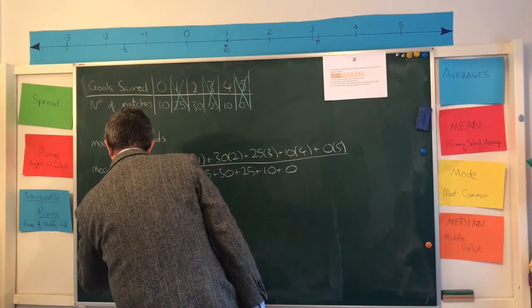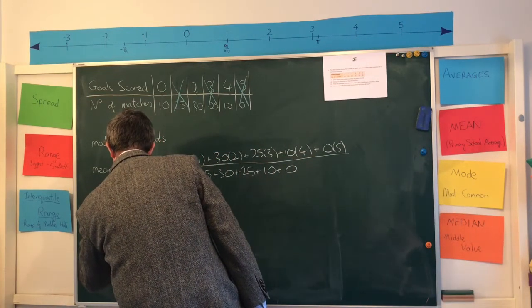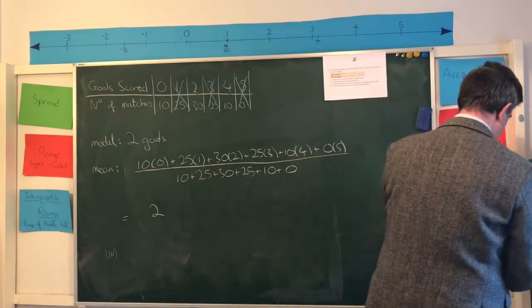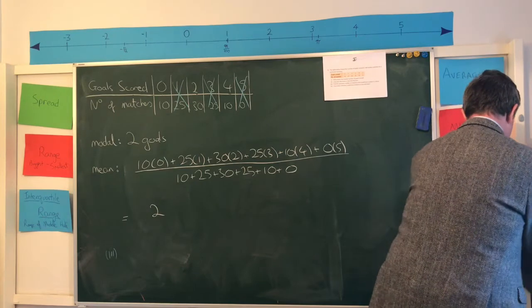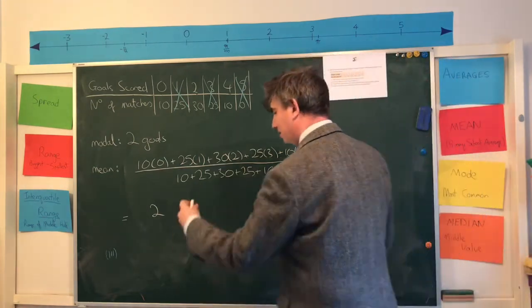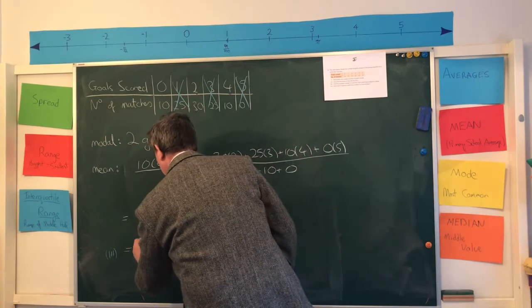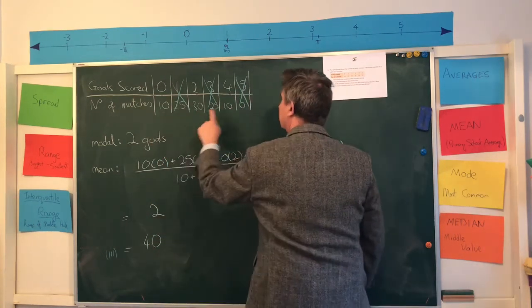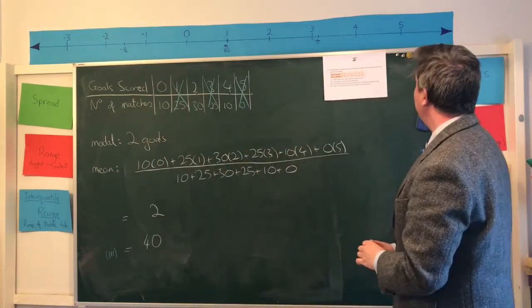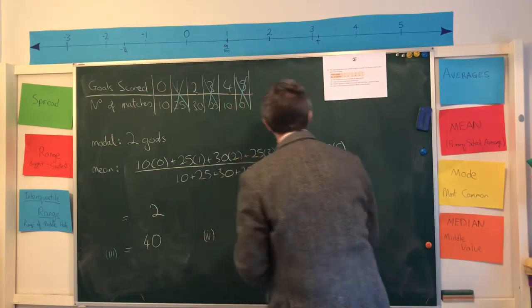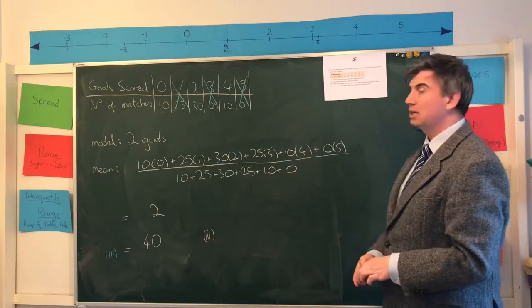What's this part 3, is it? Just go back to white. And so I think we're talking about 40, because it's 10 plus 30 plus 10, which is 40. And then part 4, which is how many matches could have ended in a 2-all draw.